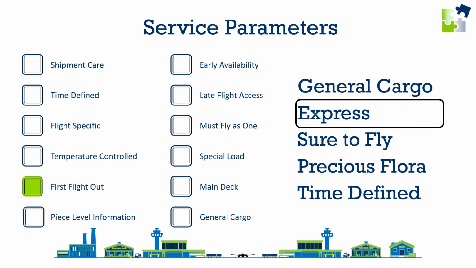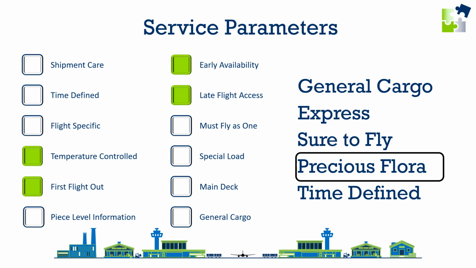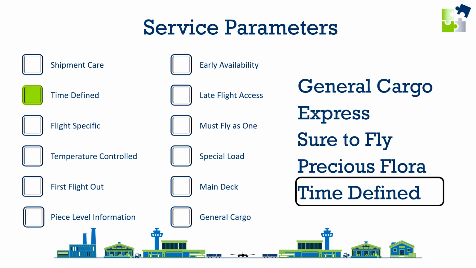For example, a carrier may offer an express product with a first flight out parameter. A sure to fly product could be flight specific. Or they could combine various parameters to offer a precious flora product.